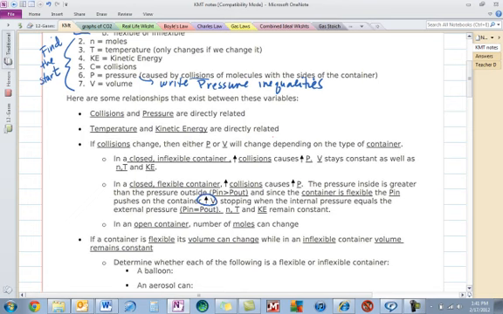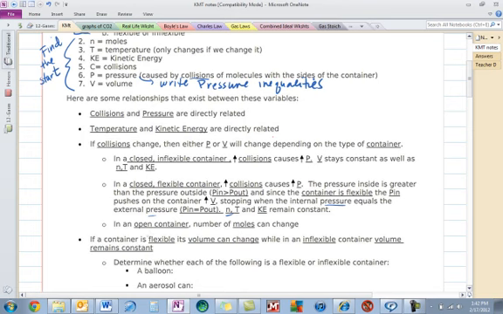And it's going to stop pushing when the internal pressure equals the external pressure, or P in equals P out. And since it's still closed, N stays the same, and temperature and kinetic energy are going to stay the same. So the difference between these two, in a flexible container, your pressure goes up, but only momentarily. Overall, your pressure will go back to being what it was before, because it is going to push on the container in order to equal out the pressure.